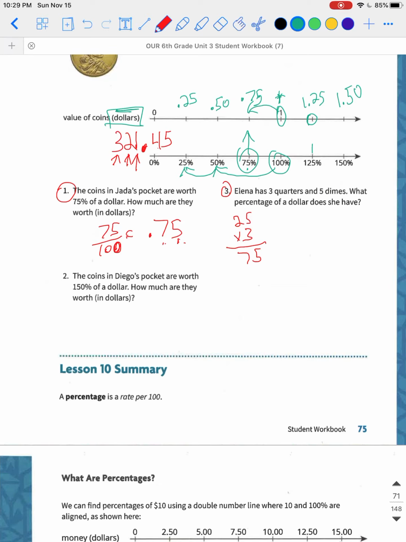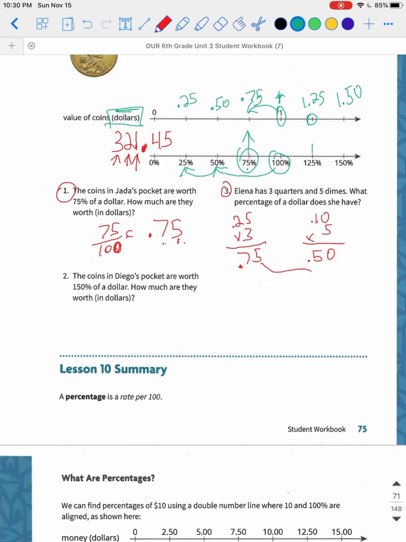Well, 3 quarters is 75 cents. So we know that she has 75 cents. Then she has 5 dimes, and each dime is worth 10 cents. And she has 5 of them. Well, I know that that is 50 cents.